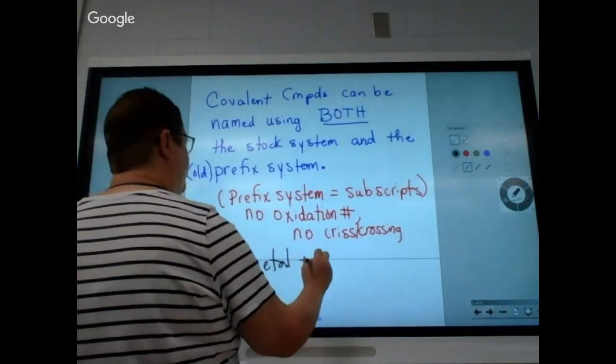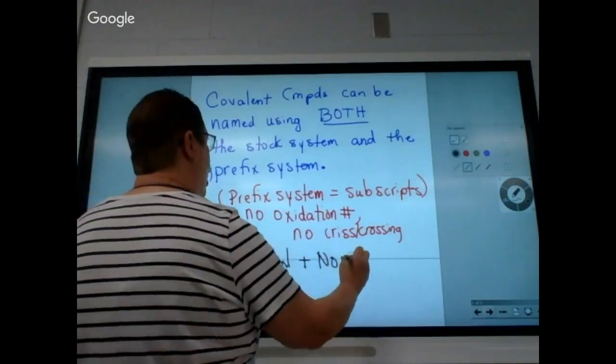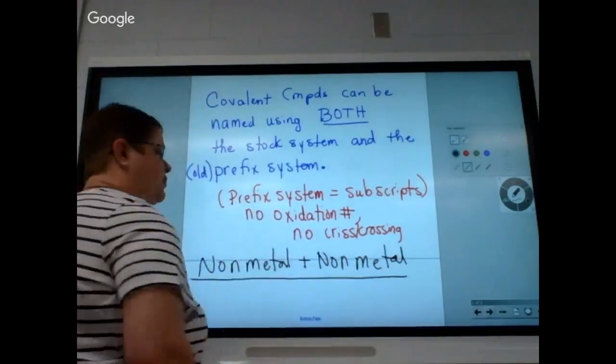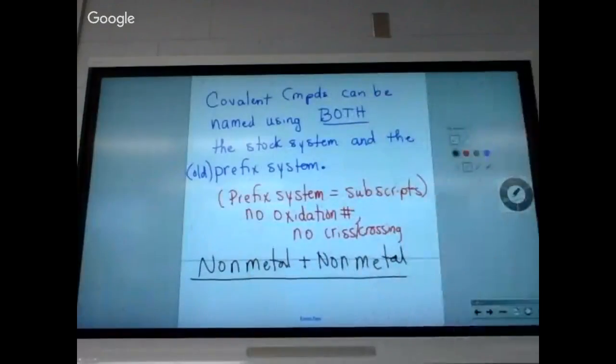So, what system is it always safe to use? Based on what we just wrote on the board, what system is it always safe for us to use to name? Stock system. Okay? We can always use the stock system. There is nothing wrong with the stock system. Every compound that we will ever write, you can name with the stock system.